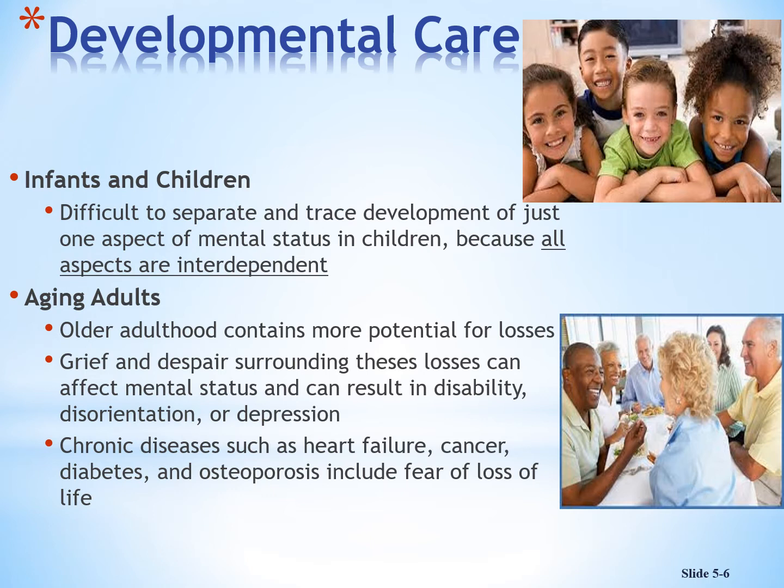The older adult goes through some losses, and so grief could be a very common thing in the older adult's life. Chronic problems that they may be experiencing as well: heart failure, cancers, diabetes. A lot of those disorders occur in the older adult, and so they may be struggling with mental health issues. Sometimes they have sensory losses as well.